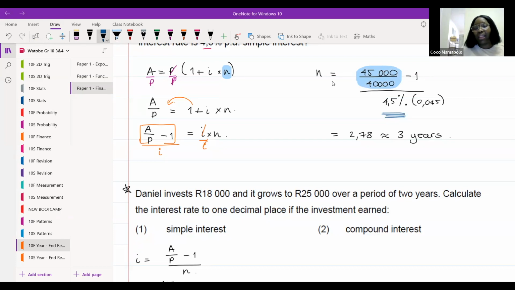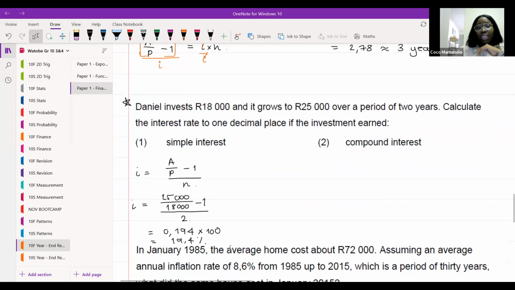Take whatever answer you get here, minus one from it, and then divide by the interest rate. Tell me what you get. Can you do that for me? Okay, not a problem, 125. Try that, just make sure that you're doing it in the correct order: step 1, step 2, step 3. Tell me what answer we get there, because the order of operations is very important. Yes, Lihle, correct. Even if we do it down here, we're going to get the exact same thing.